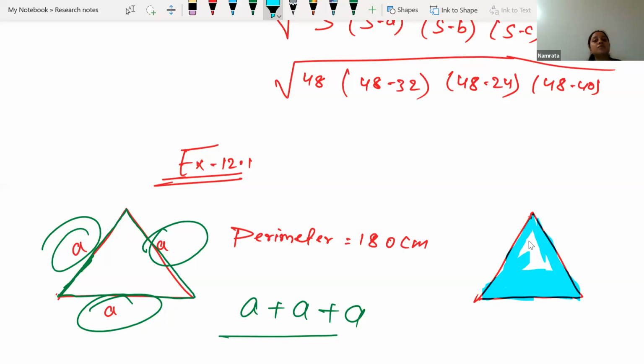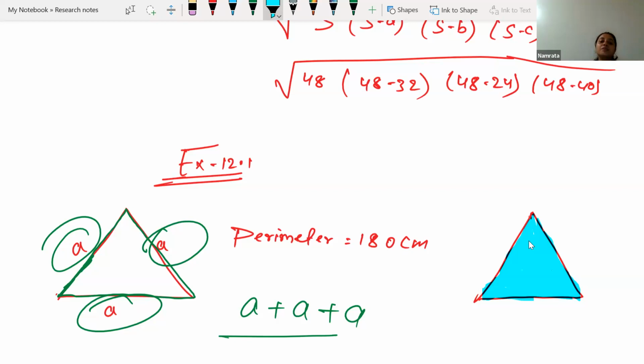I'm not saying I'm walking, I'm saying I'm working in the area of the triangle. I'm painting the area of the triangle. This is called the area of the triangle. So this sky color is the area, but that green on the left is the perimeter. You need to understand the difference between area and perimeter.